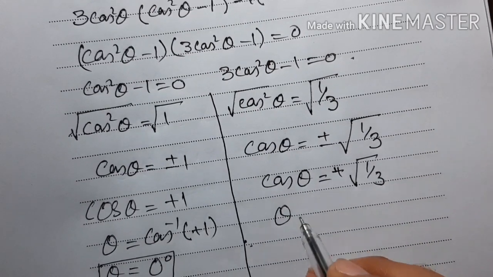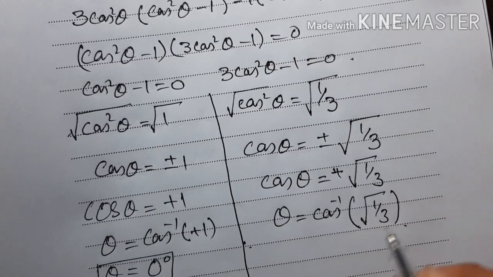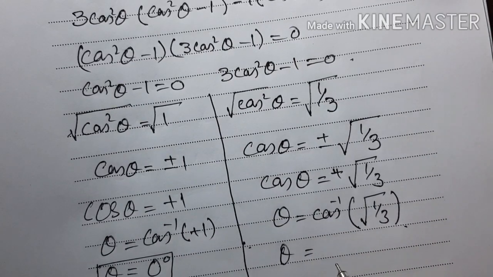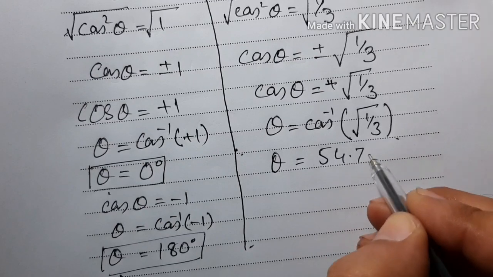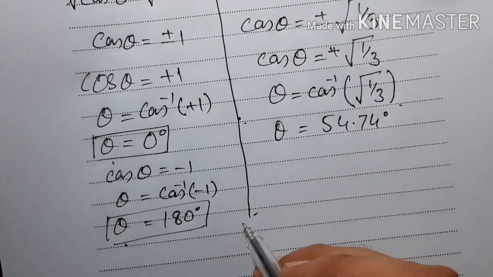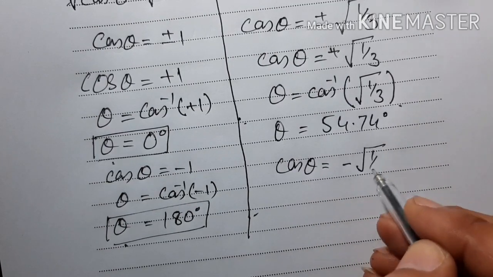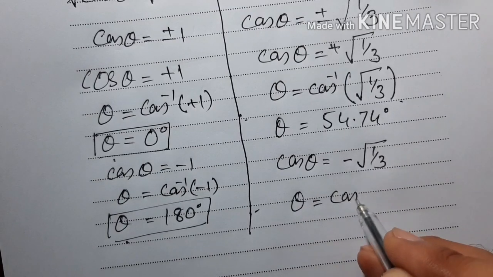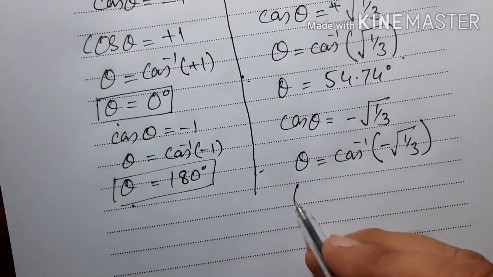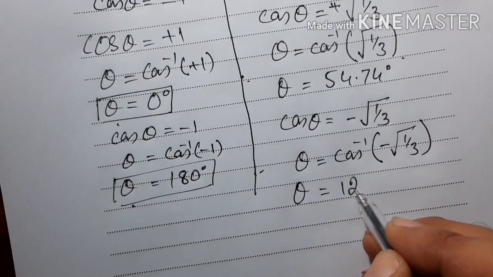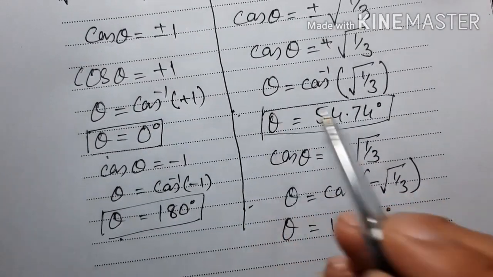Theta is equal to cos inverse of under root 1 over 3, which will give me, by the use of calculator, 54.74 degrees. And the second one is cos theta is equal to minus under root 1 over 3. So theta is equal to cos inverse of minus under root 1 over 3. This will give me 125.3 degrees. So there are four values.